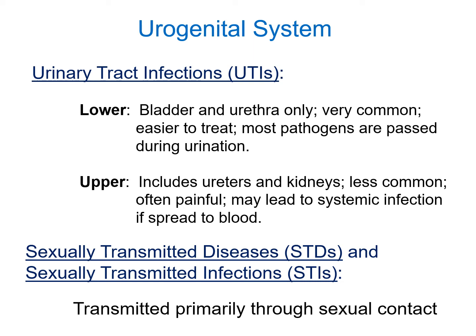An STD, a sexually transmitted disease, is where you have symptoms resulting from that. So let's say you have chlamydia, but you're not showing any symptoms. You have an STI. Now let's say you have chlamydia and you are showing symptoms as well. You have an STI and you also have an STD.